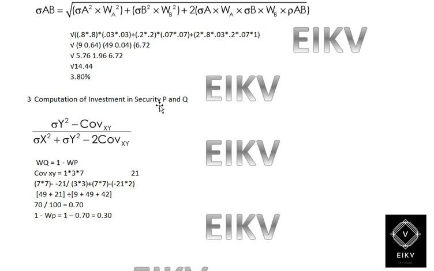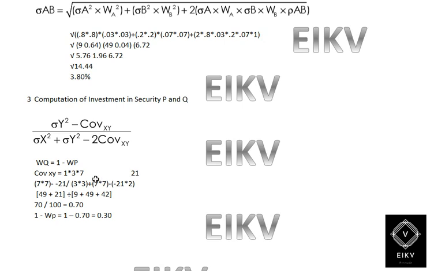So now the computation of the investment in securities P and Q, where the risk would be 0. Therefore, the formula would be: weight of P is equal to standard deviation of Y square minus covariance of X and Y, divided by standard deviation of X square plus standard deviation of Y square minus 2 into covariance of XY, and weight of Q is equal to 1 minus weight of P. Covariance is equal to -1 into 3 into 7, which gives you -21.